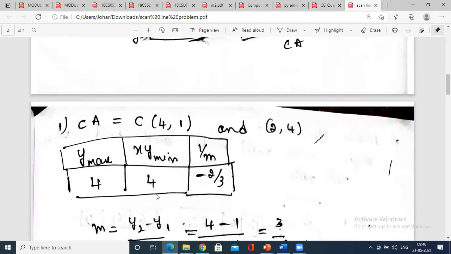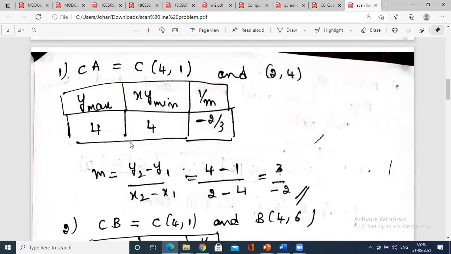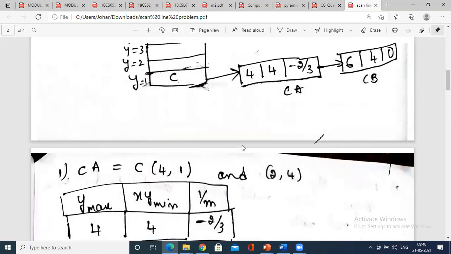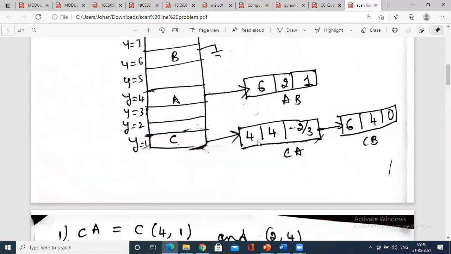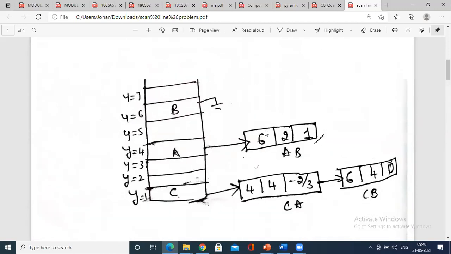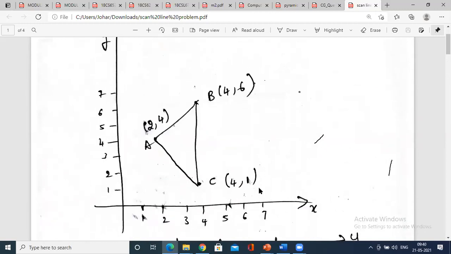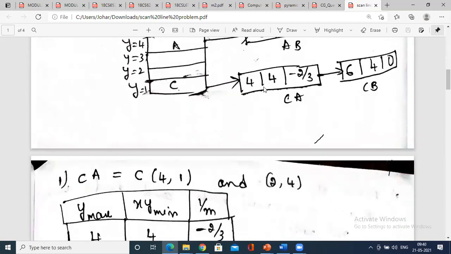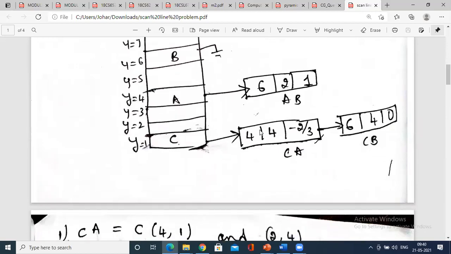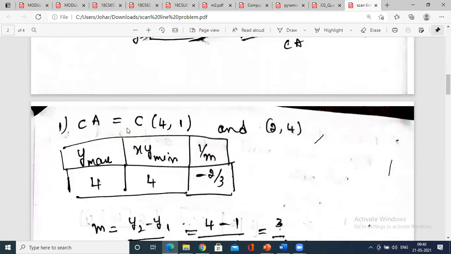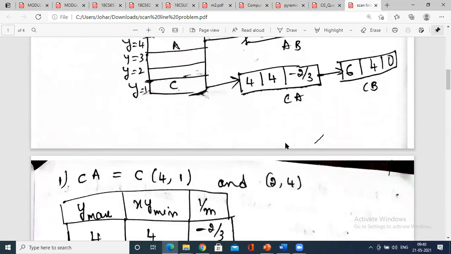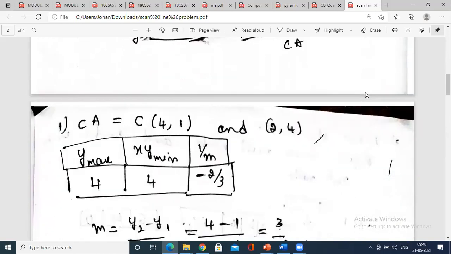It is y max, x at y min, and 1 by m, which is minus 2 by 3. Hopefully you followed this. I copied this first at this edge. What is the first edge? It is 41. At 41, I copied this data, 4, 4, minus 2 by 3 for CA. Okay, and 24, I'll copy this also.